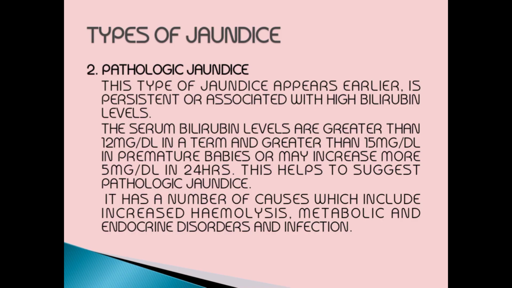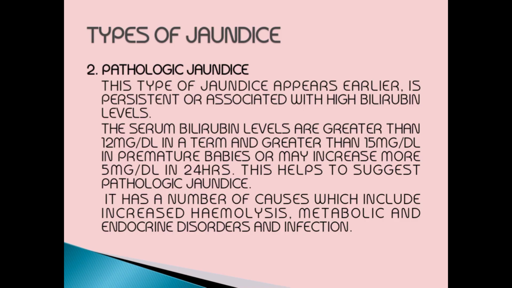It will appear within 24 hours of birth, not after, but within, and is persistent or associated with high bilirubin levels. So for this one, it occurs within 24 hours, there will be persistence in its occurrence, and it will be associated with high bilirubin levels.